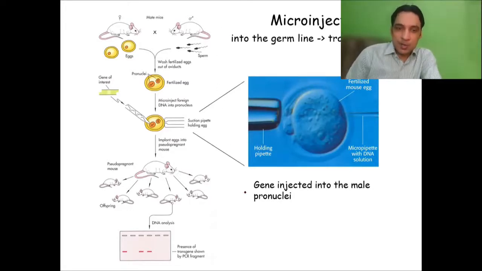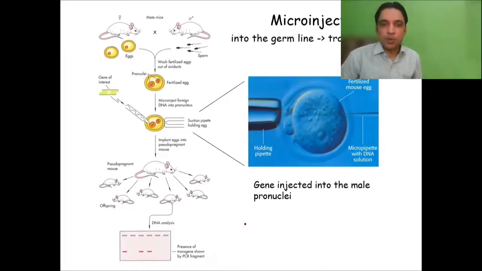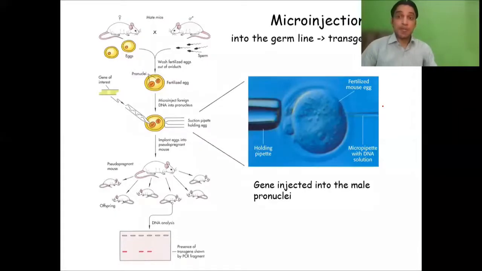So how can we simply narrate how we can create a transgene with a simple experiment? Okay, I will study. The most common technique used to create transgenes was microinjection.